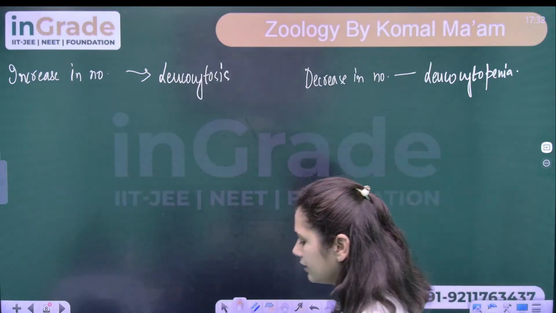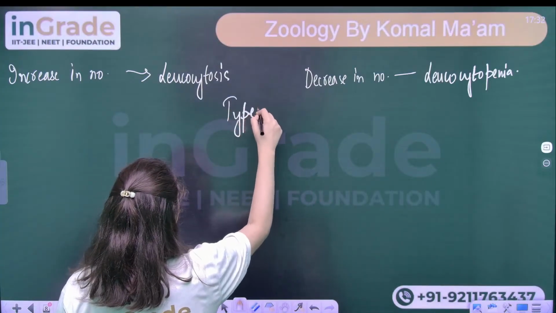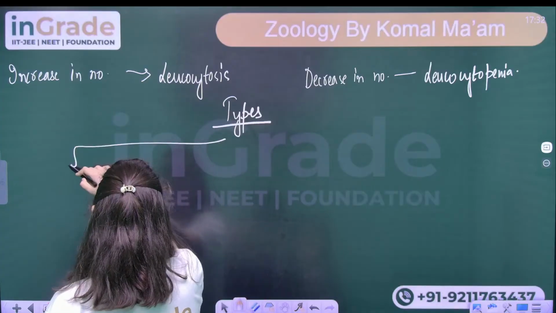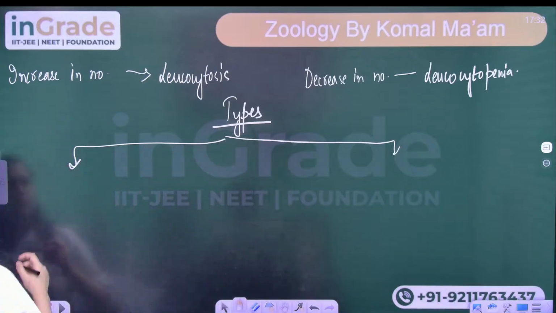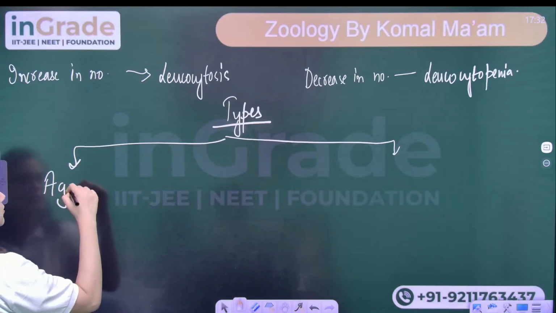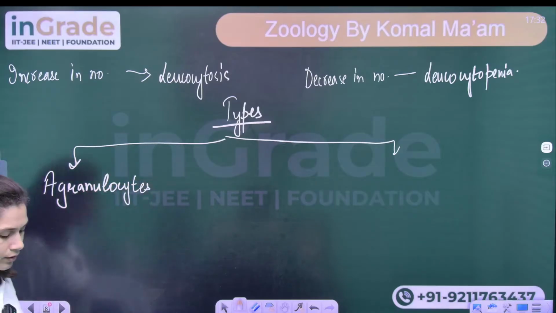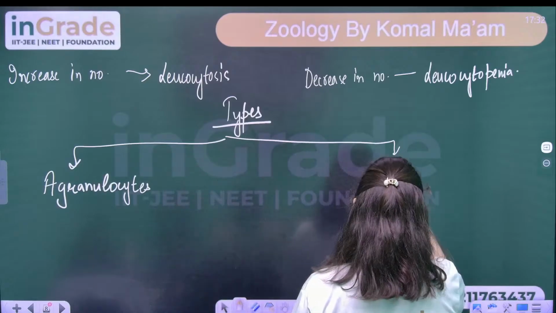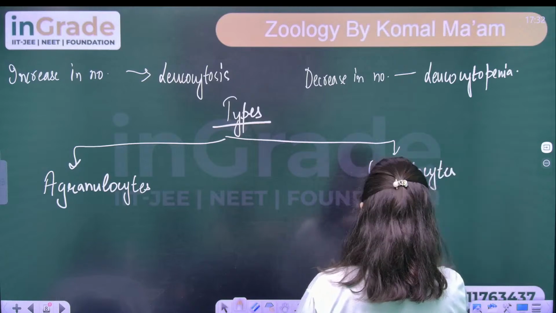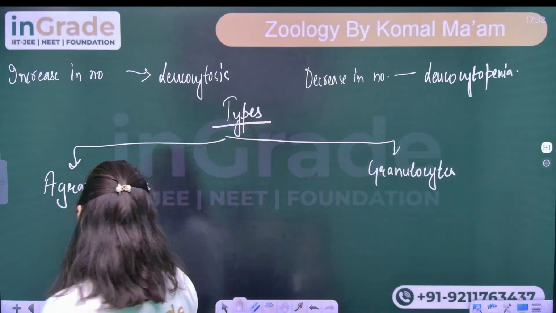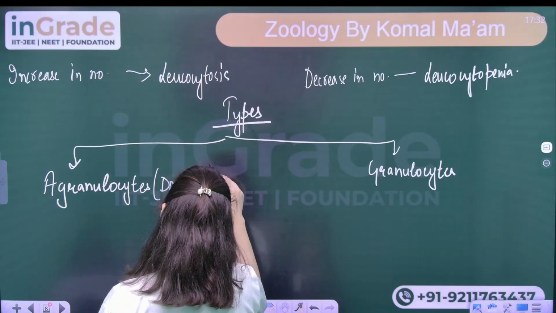Next, if we talk about its types, there are two types of WBCs, that is agranulocytes and granulocytes. What are agranulocytes? Basically, these are the WBCs which do not have granules.